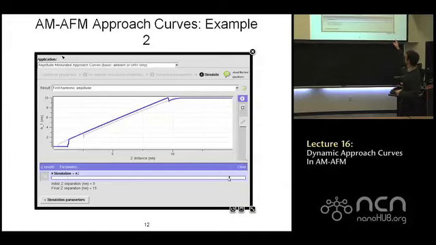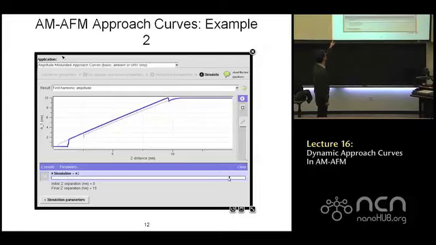On approach, we follow this lower branch, and then suddenly around Z equal 2 nanometers, there's a jump up to a common branch, and then we approach. That's the gray one where we're approaching, and then eventually we touch the sample, and basically the amplitude is gone.